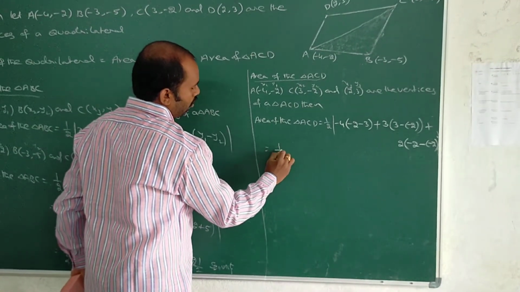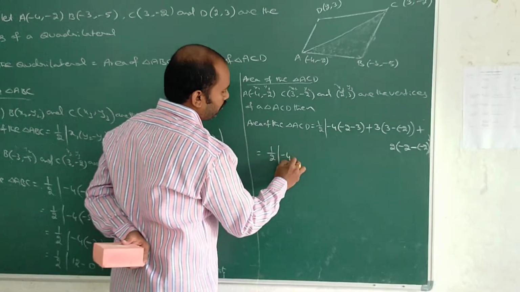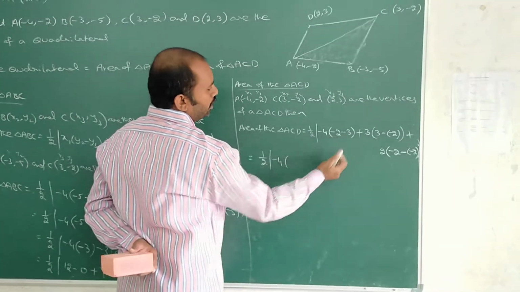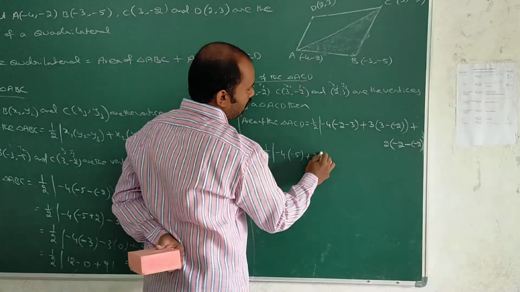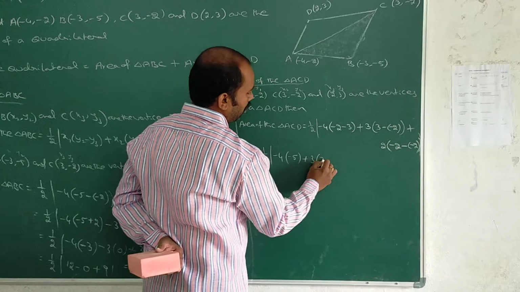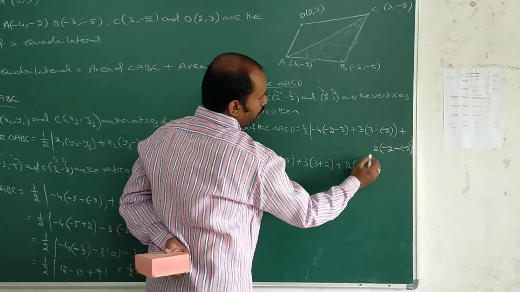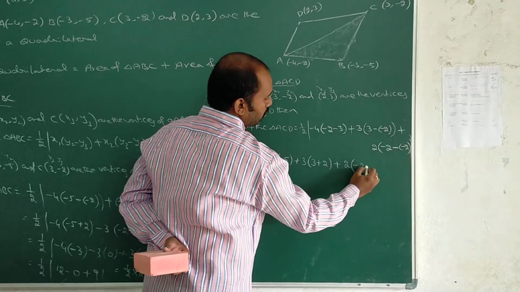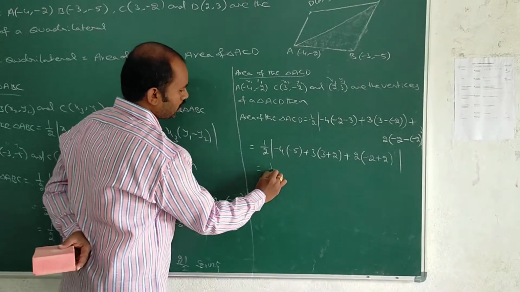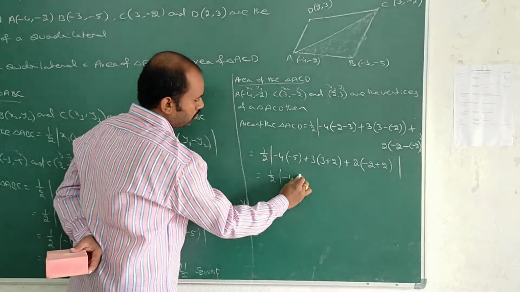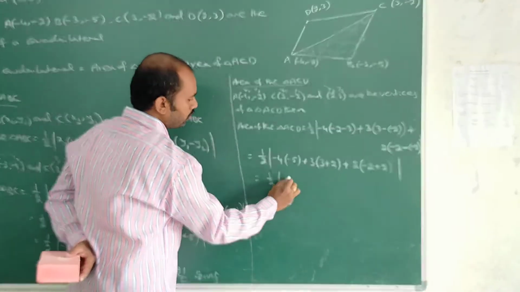That is equal to half of modulus of, now simplification, minus 4 into minus 2 minus 3. Adding, minus 5, plus 3 into minus plus, that is 3 plus 2, plus 2 into minus 2, here minus into minus, so we get plus 2. Modulus close. Again simplification: minus 4 into minus 5, minus into minus is there, so plus 4 into 5, 20.